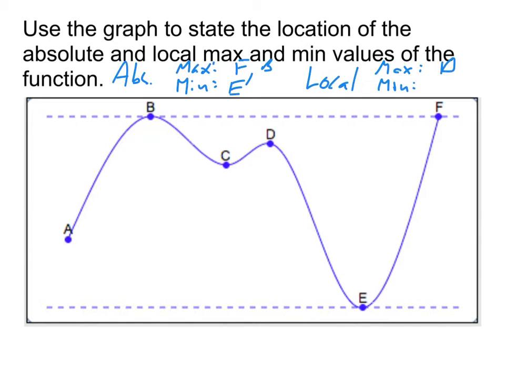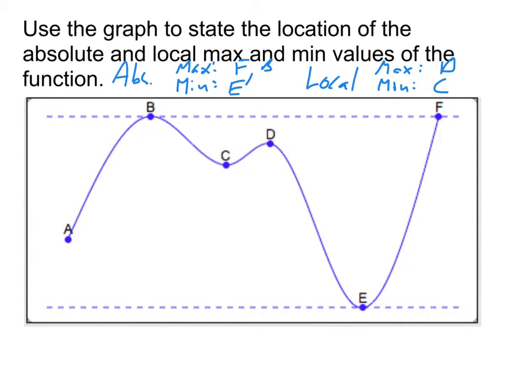Same kind of thing for a local minimum. As I'm coming from the left side and from the right side, where do they both stop going down? It's kind of similar to the idea of limits, actually, in a way, where we're seeing where does it keep going down. In this case, we have a local minimum at, well, we can see it at C. What about A?